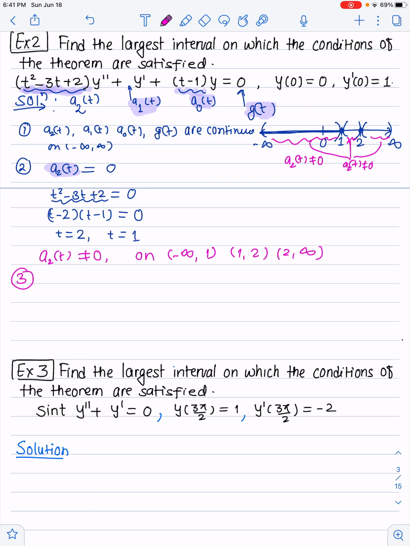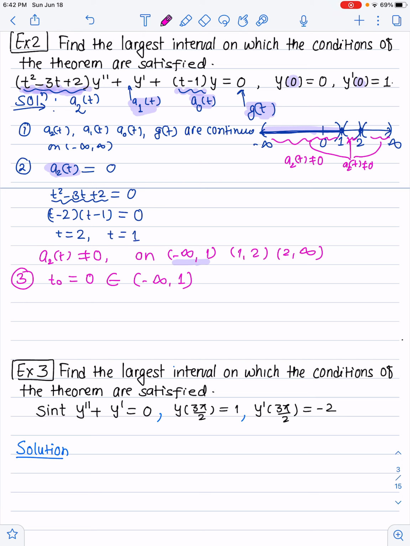Now we need to find whether the initial condition lies on that interval or not. We can see the initial value t naught is 0, so t naught equals 0. So 0 lies on this interval, so we can only pick this interval. This t equals 0 belongs to negative infinity to 1.